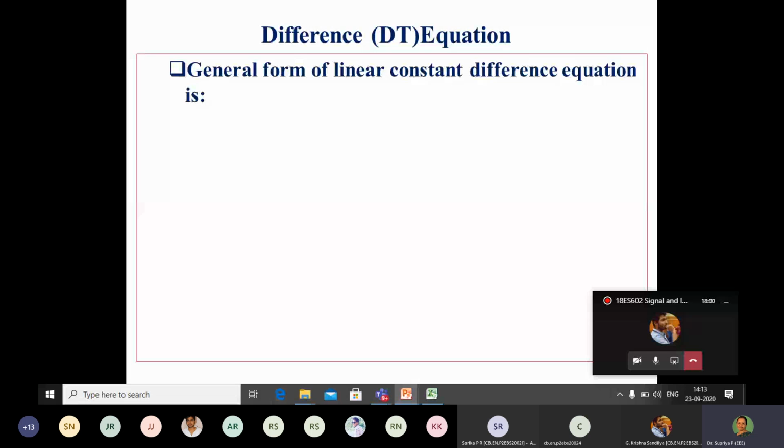Difference equation, which is necessary for understanding the basics of the subject. So if we are going to consider the output and the input, we recall that the output is going to be y and the input is going to be x, and delayed versions of output would be given by y of n minus k, where k could vary from 0 to n.